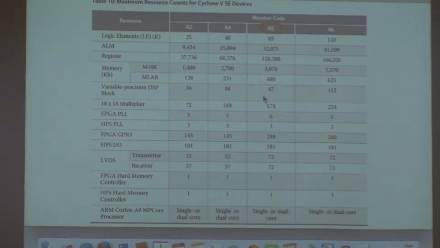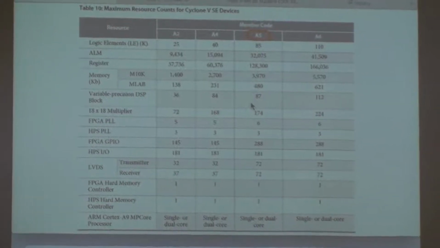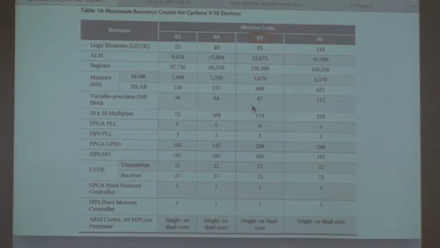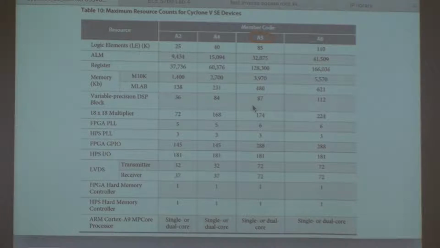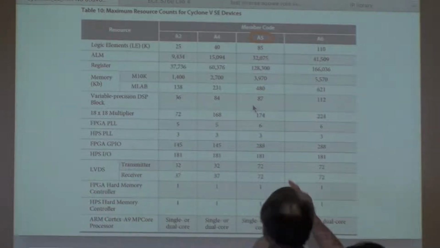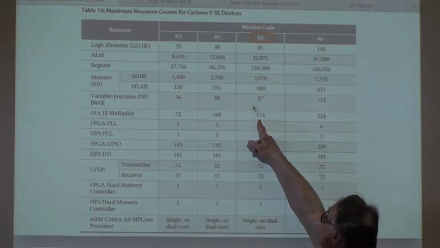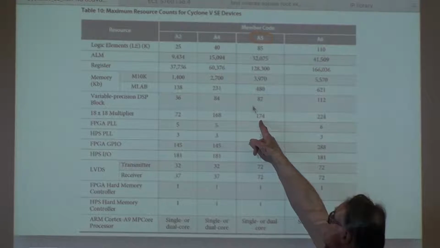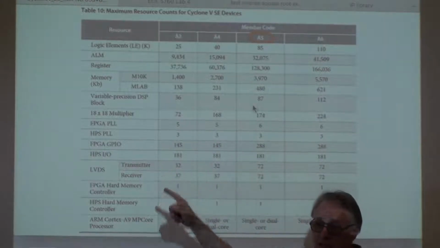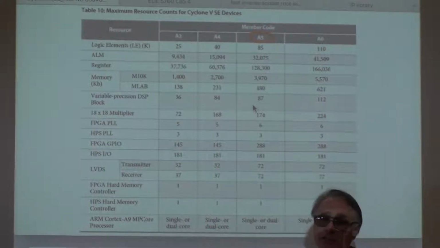So I went back and checked the documentation again, and it turns out there's a Cyclone V E and a Cyclone V SE. And I gave you the numbers for the E, and we have an SE. So the correct numbers for the number of multipliers is 87 multipliers for a total of 174 18 by 18s. That's not enough to do a 16 by 16 drum.